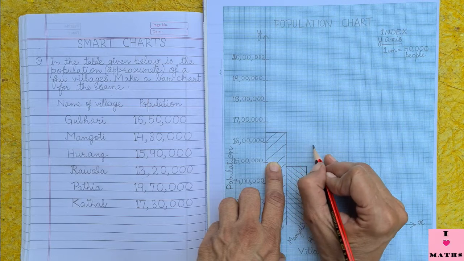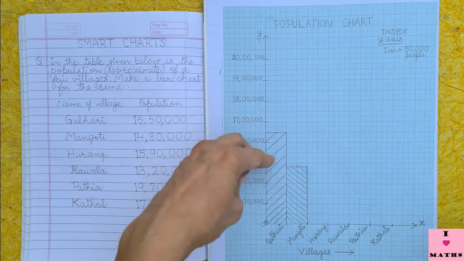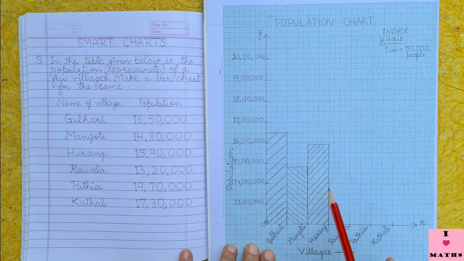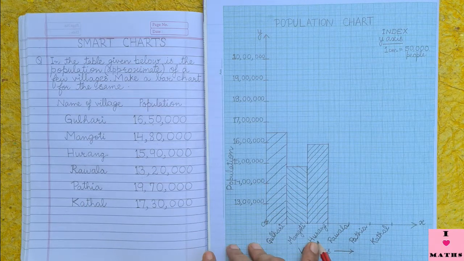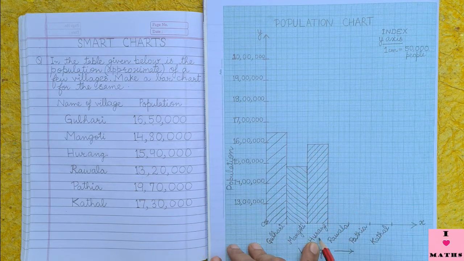So this is 15 lakh 90,000. So I am going to draw it and show it to you. So children, I have drawn 15 lakh 90,000 for Hurang.